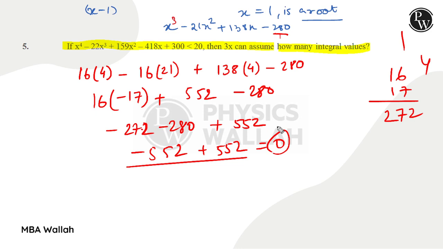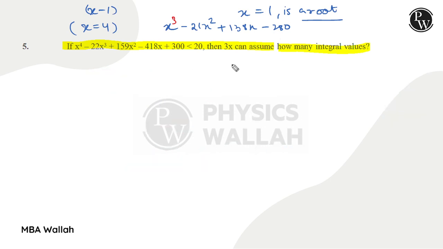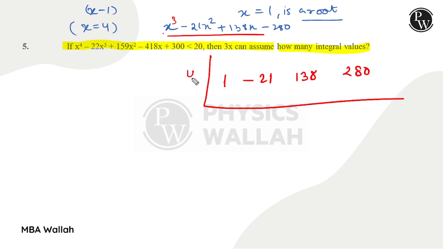What does this mean? It means that x equals 4 also satisfies. When x equals 4 is a root, all I need to do is the labor again, use this equation and find the other factors. So I'll use synthetic division again: 1, minus 21, 138, minus 280. I'll write 4.